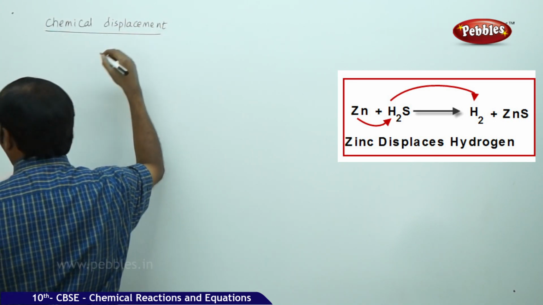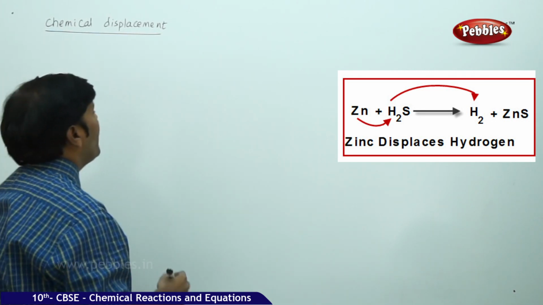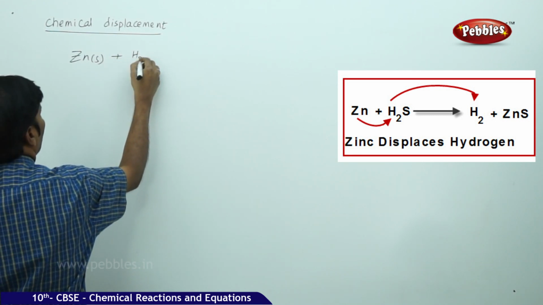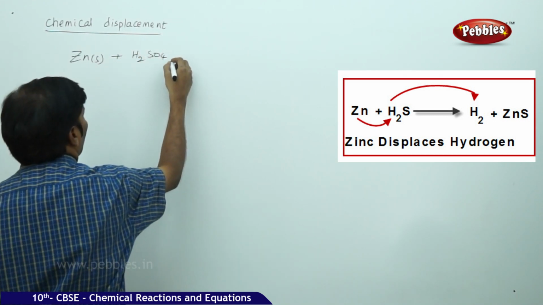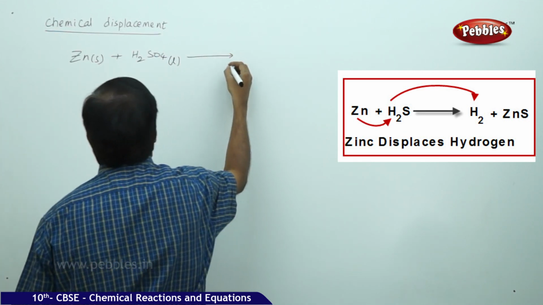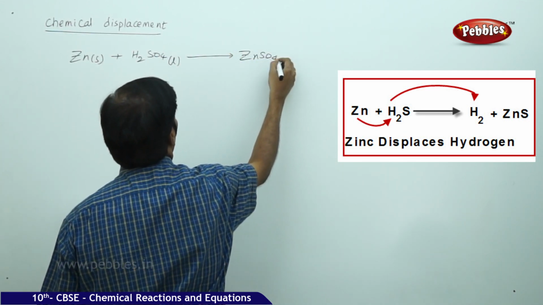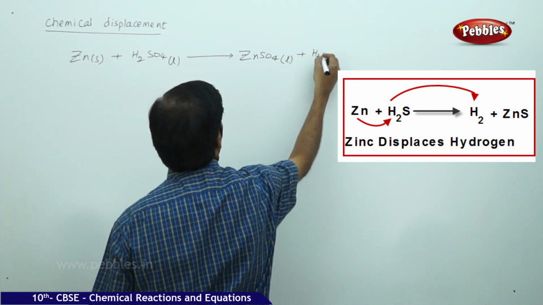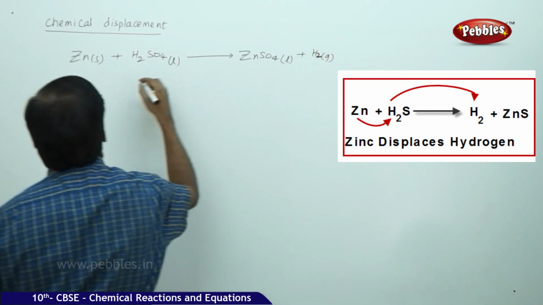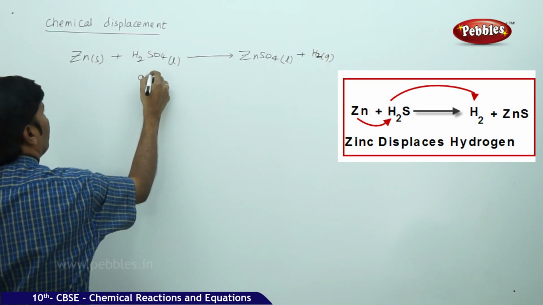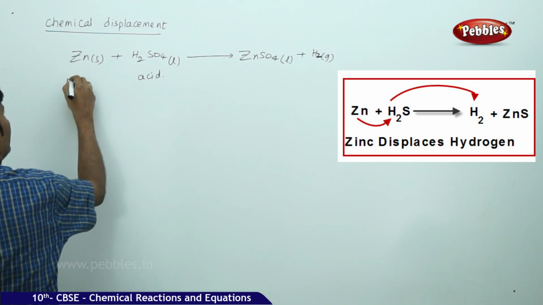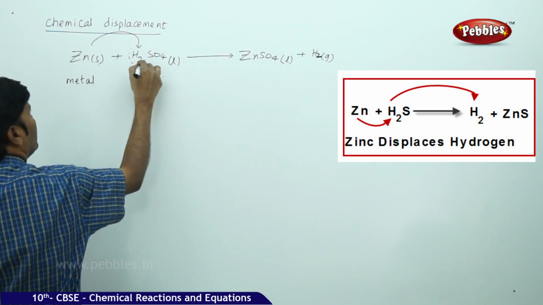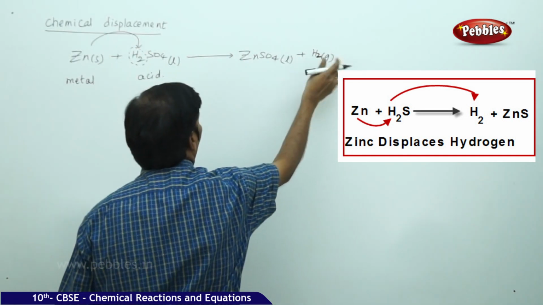Chemical displacement. Suppose for example you are taking zinc solid and it reacts with H2SO4 liquid, it gives rise to zinc sulphate liquid plus H2 gas. What you are noticing here is that sulfuric acid is an acid and zinc is a metal. The metal is coming and replacing the hydrogen gas, H2 gas, from the acid.